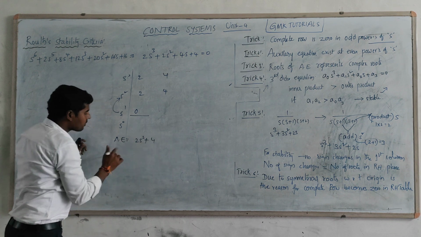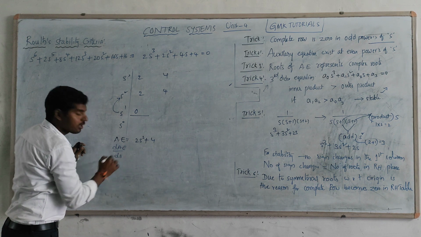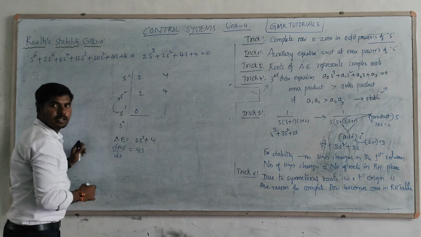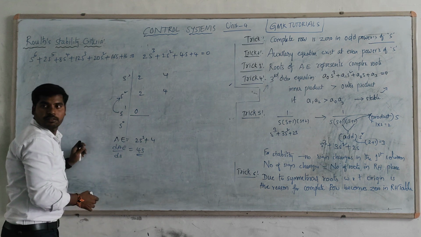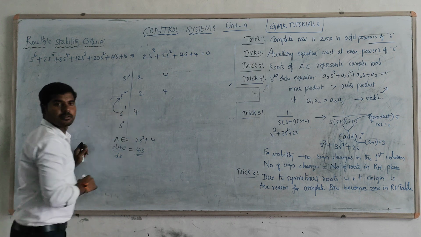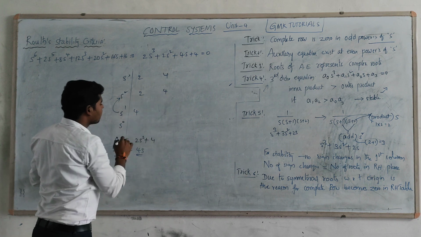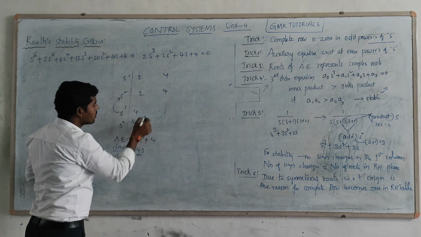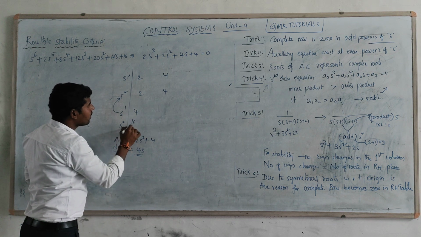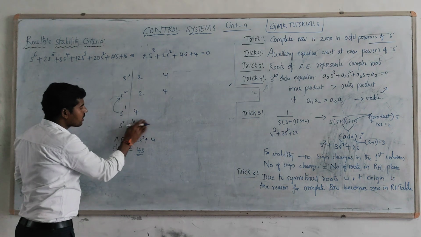For this you have to take the auxiliary equation and differentiate it with respect to s. You get 4s. Whatever coefficient you get, 4, is replaced in the corresponding row. Now we follow the same procedure: 4 fours are 16, so the value 0 is left. Then 16 divided by 4 is equal to 4, so you will get a solution equal to 4.